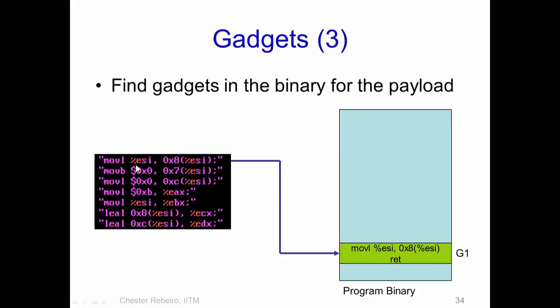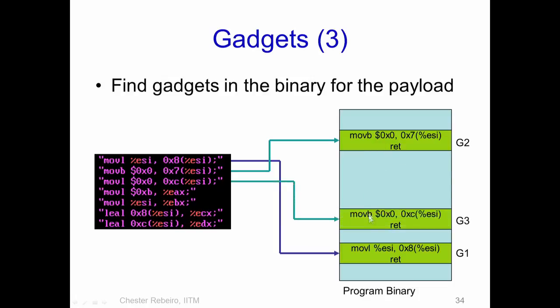That is, this instruction in the payload is move ESI, 0x8 ESI, and this exact same thing is present over here. Similarly, the attacker would scan other parts of the program binary to find more such gadgets. So, the second line in the payload is present in gadget 2, the third line is present here, and so on.